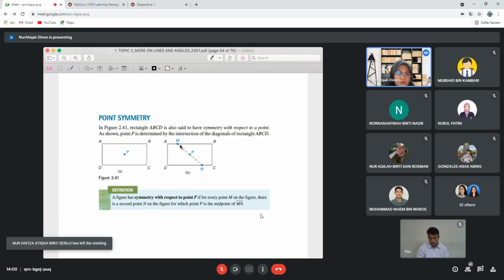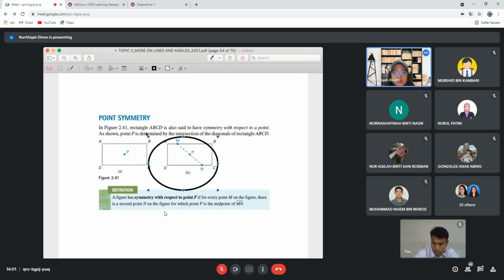If, for example, you have point M, but the second point symmetric to M with respect to point P, let's say point N, is outside the rectangle, then we can say that point P is not the point of symmetry. Let me show you. Suppose you move point P over here, not here anymore.